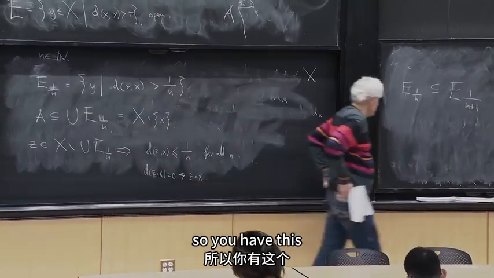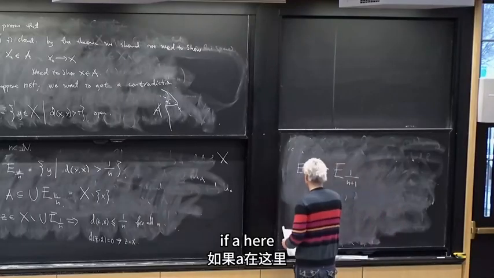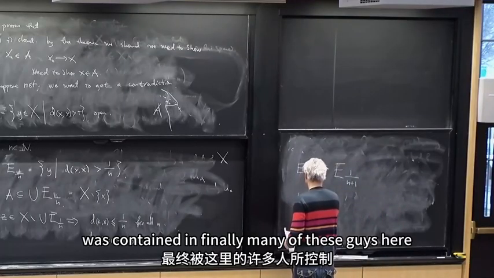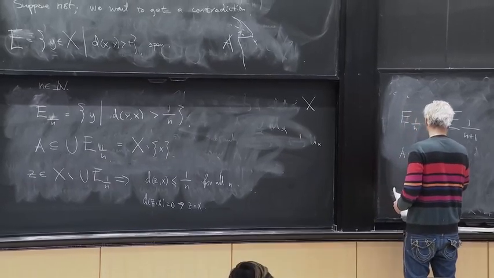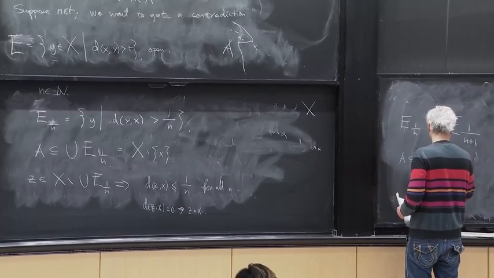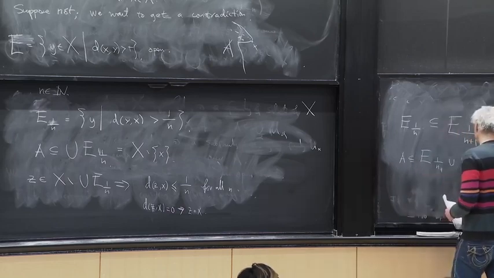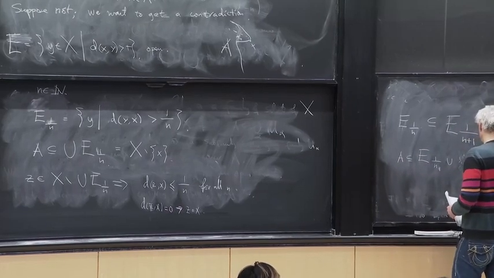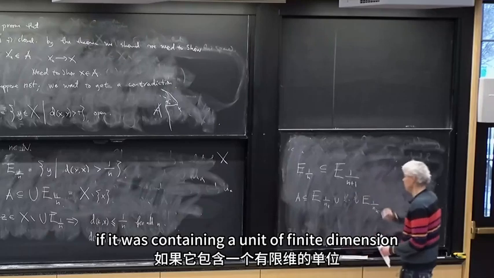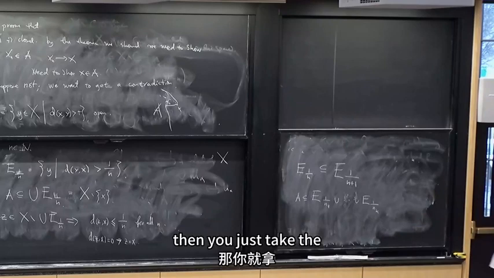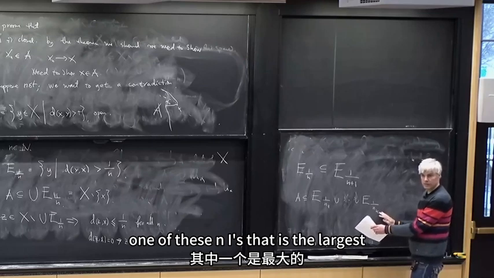So you have this, and so you see that if A here was contained in finitely many of these guys here, if it was contained in a union of finitely many, then you just take the one of these ni's that is the largest, right?